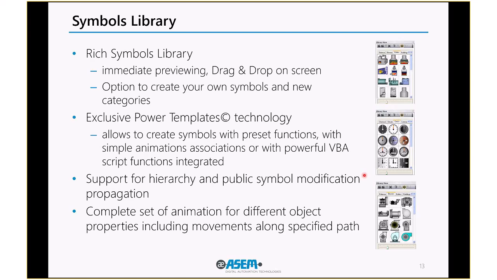You can customize the symbols because you can modify them. You bring them from the library, you take them into the project, you change them, and then you can also save them back to a library after you have made your customization.